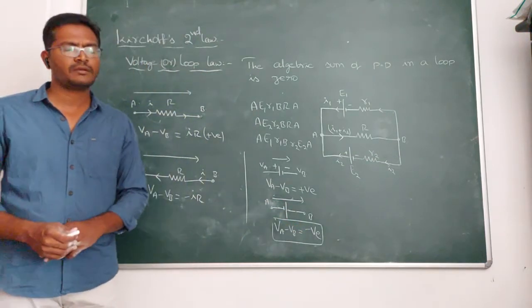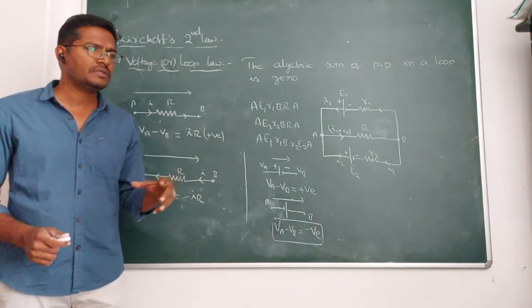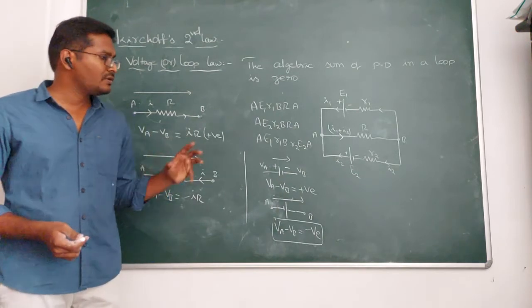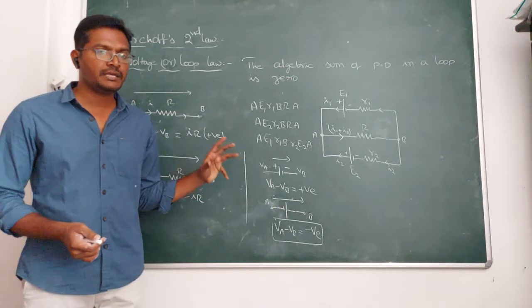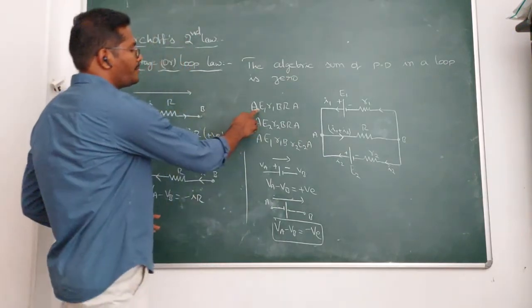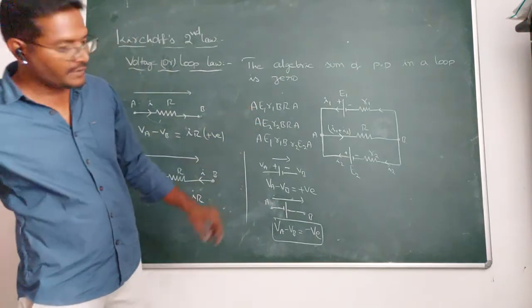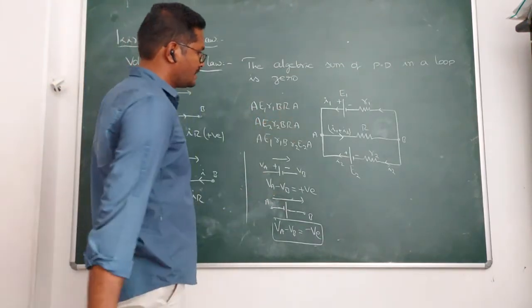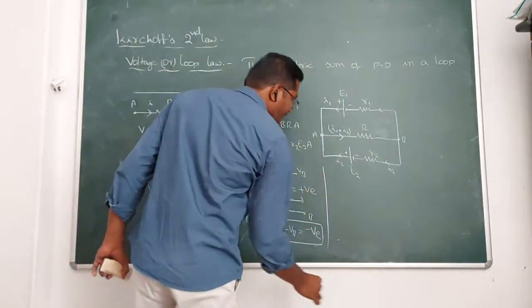These are not perfect rules, so you can take any direction. Suppose I apply this for the loop A E1 R1 B R A. This is the loop I am considering.